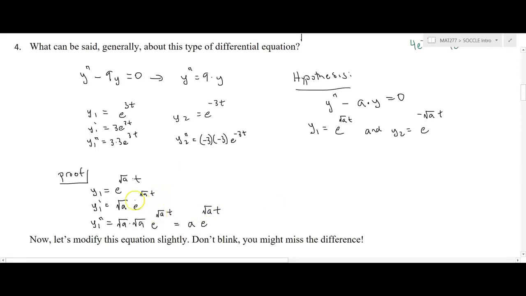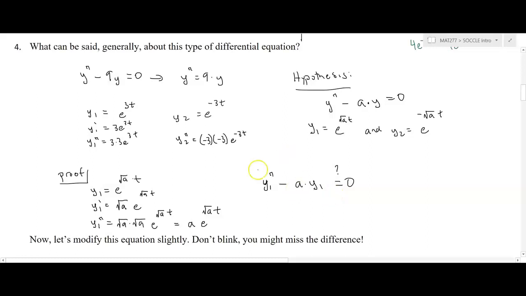That is all great. Now we just have to check that it actually satisfies the equation up here. So does y double prime, or I should say y1 double prime, minus a times y1 equals 0? Now we could have also said, does y double prime equal ay?